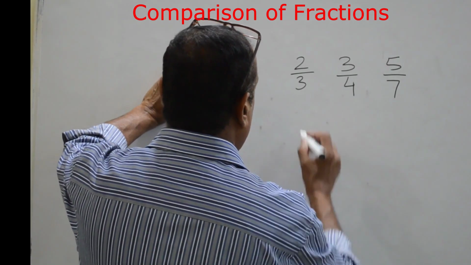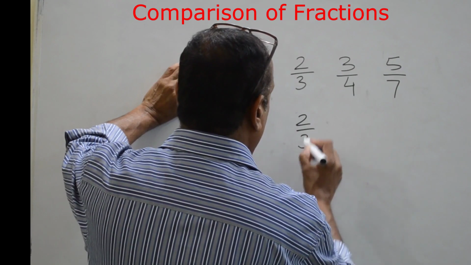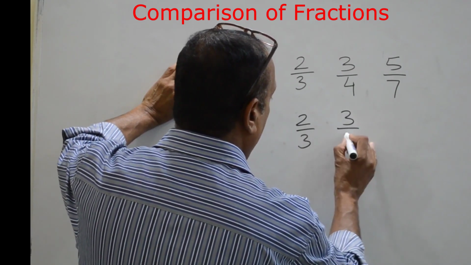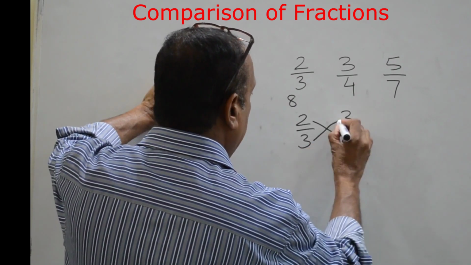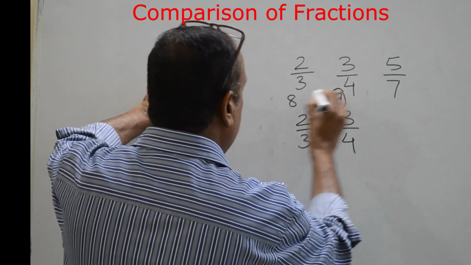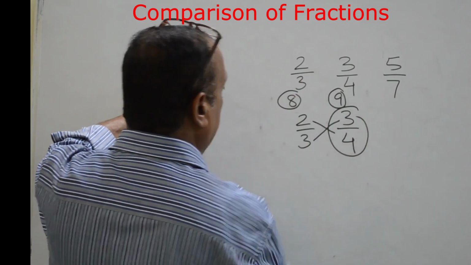So first find out which one is bigger, 2 upon 3 or 3 upon 4. 2 into 4 is 8, 3 into 3 is 9, 9 is bigger than 8, so 3 upon 4 is bigger than 2 upon 3.